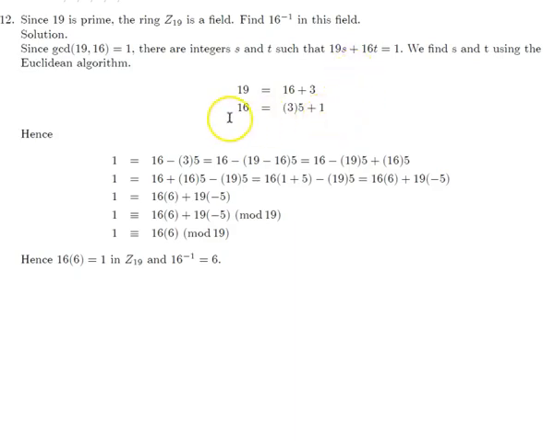From the last equality, we write 1 as 16 minus 3 times 5. And then from the first equality, we express 3 as 19 minus 16. And we replace this 3 over here with 19 minus 16.